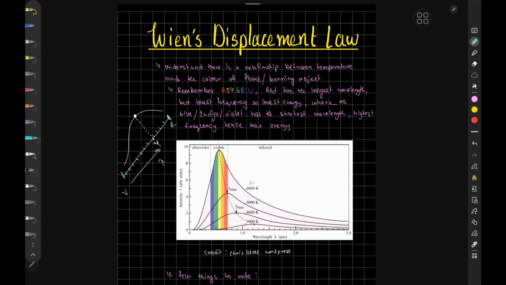At the yellow wavelength, I see a peak intensity.